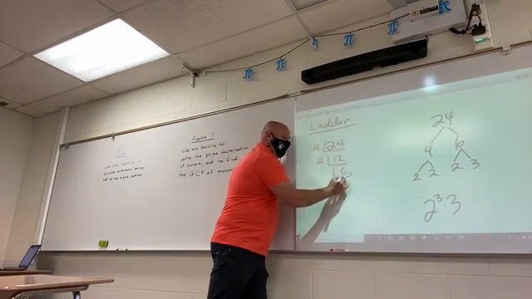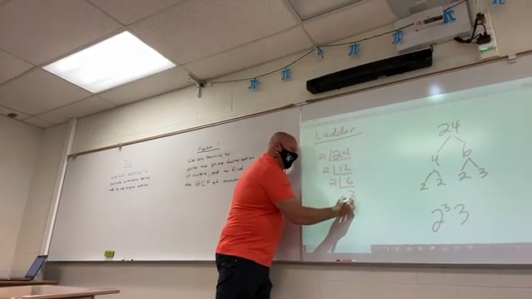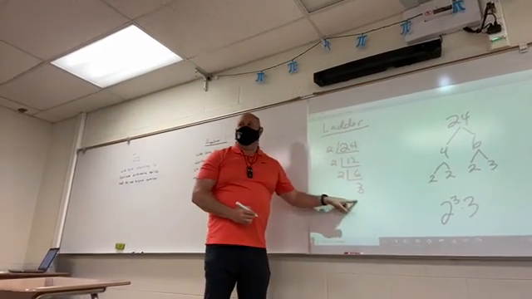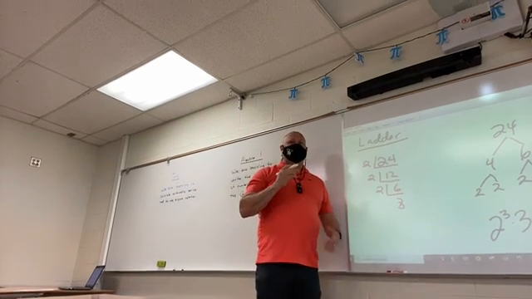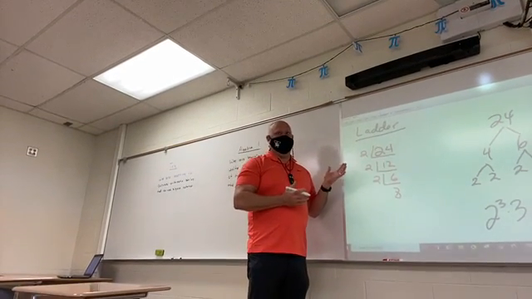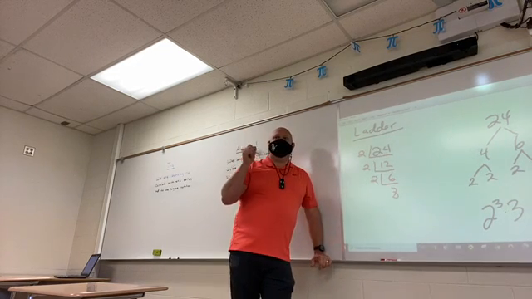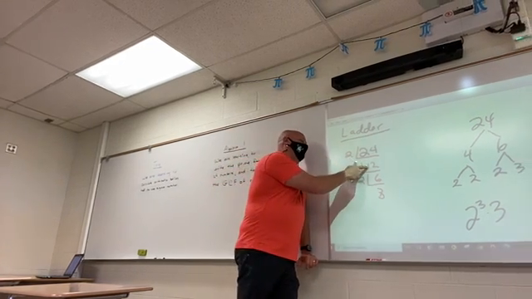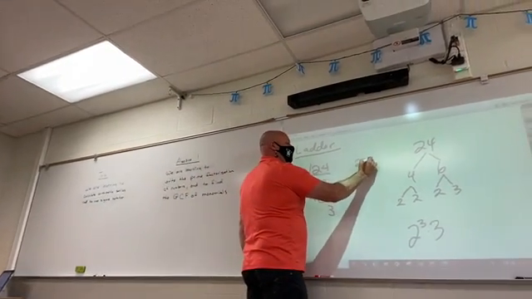Well, 6 can be divided. What can we divide that by? 2 again, and we get 3. Do we get the same answer? Yes. My personal reason why I don't like the ladder method as well is that mistake right there. I could make that mistake and go 24.